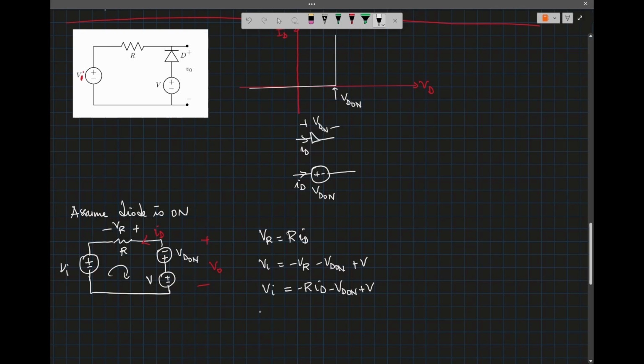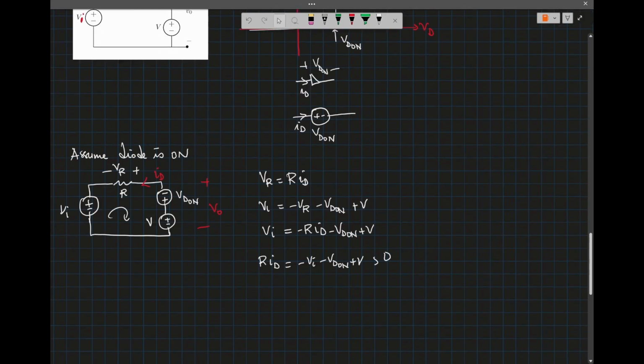So RID equals minus VI minus VD on plus V, and that must be positive because we assume the diode is on. So diode on means the current through the diode is positive. That's our assumption.